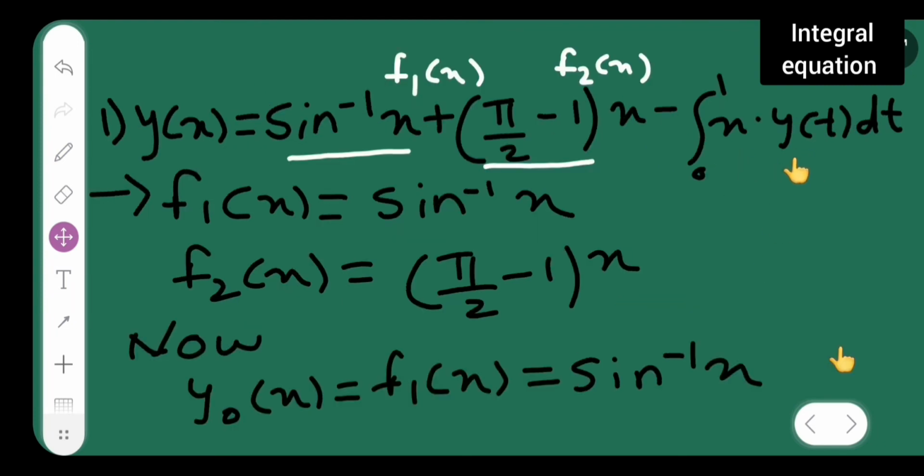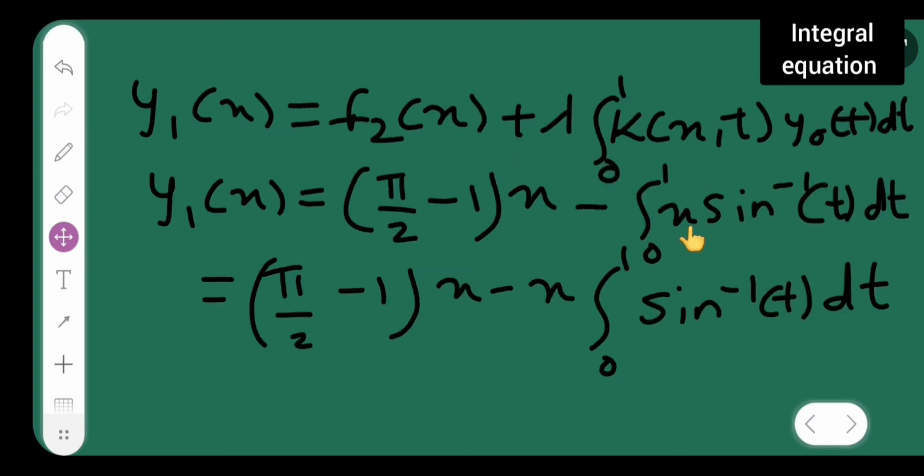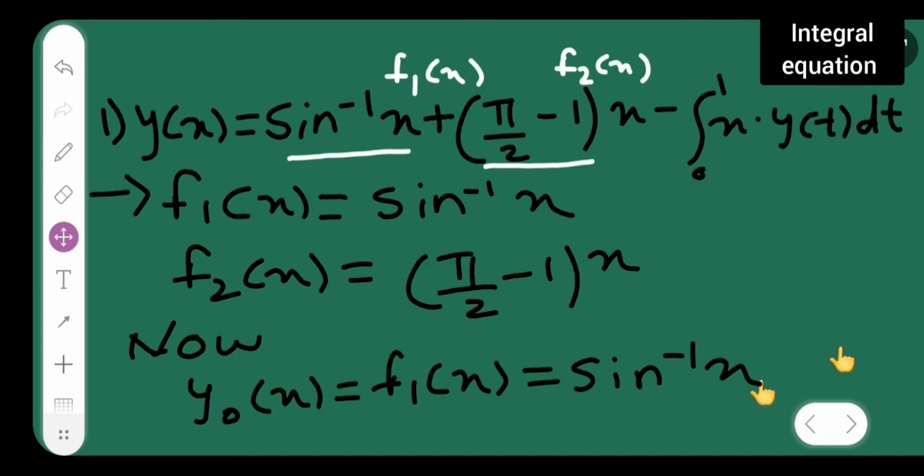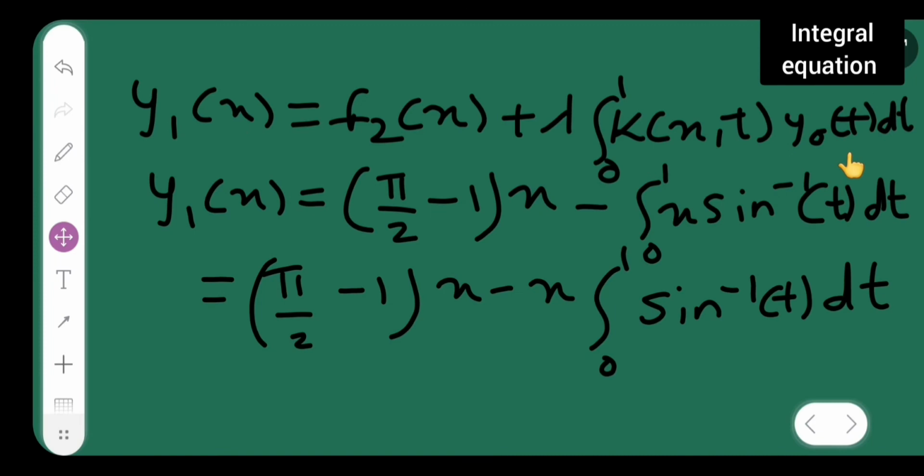And what is y of t? Sorry, it's not y(t), it is y0(t). K(x,t) is nothing but x, and y0(t) is nothing but sin⁻¹(t), since y0(x) is equal to sin⁻¹(x) and here the variable is t.